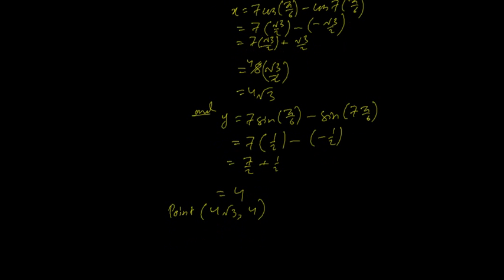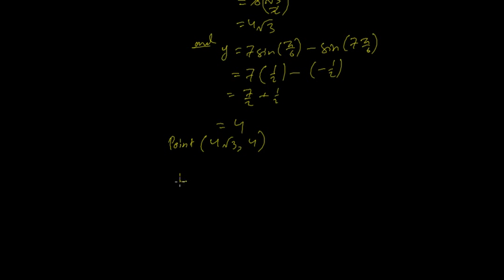Now the equation. So the equation is y minus y1, which is 4, equals m, which is 1 by square root of 3, times x minus x1, which is 4 square root of 3. We can leave the sum in this way, or we can simplify.